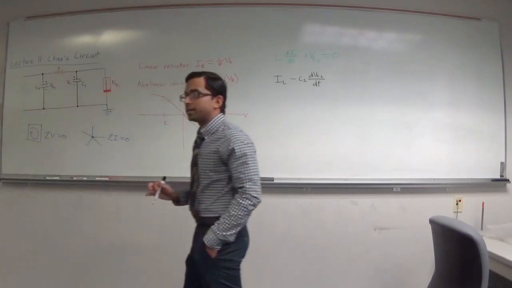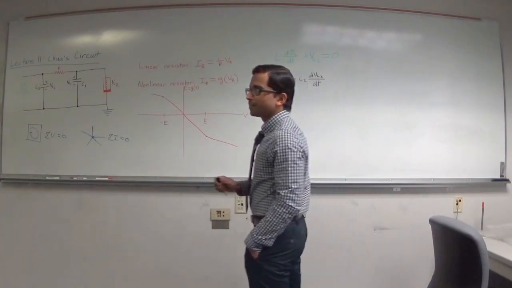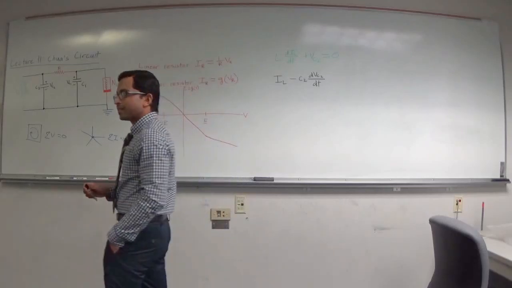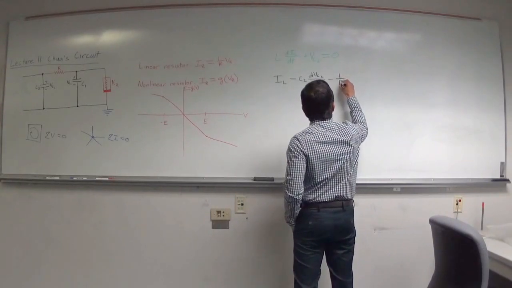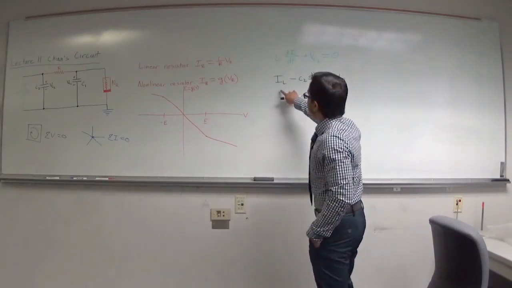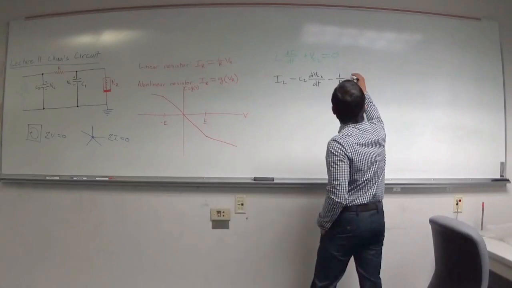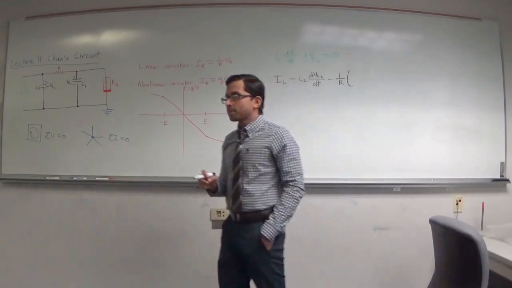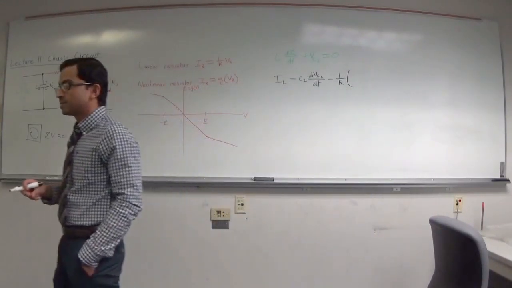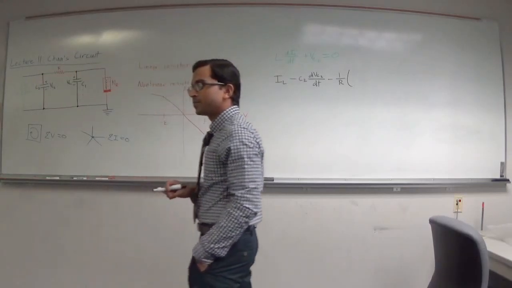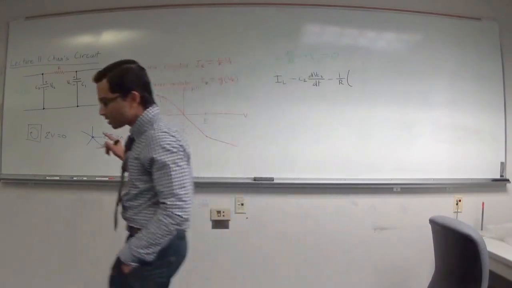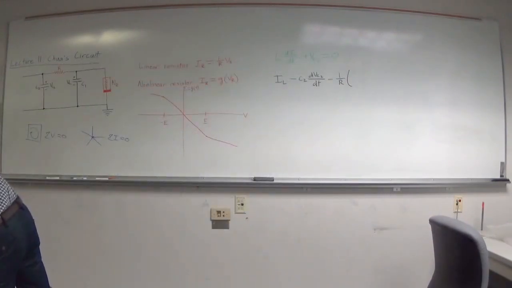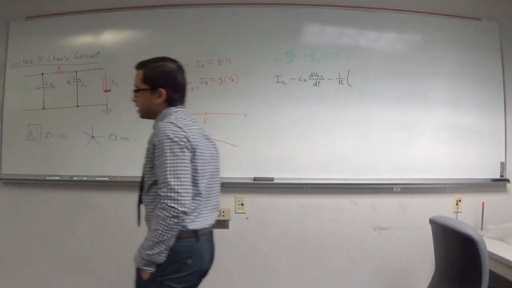What happens with that current there? Also minus, right? So we can have minus 1/R times what? So it should be times VC2. So it's actually going to be VC2 minus VC1, or is it the other way around? Let me just check. So it's VC1 minus VC2.